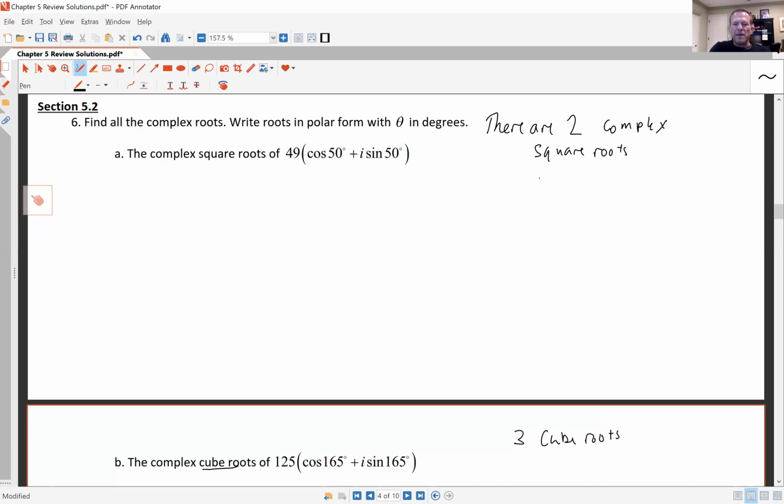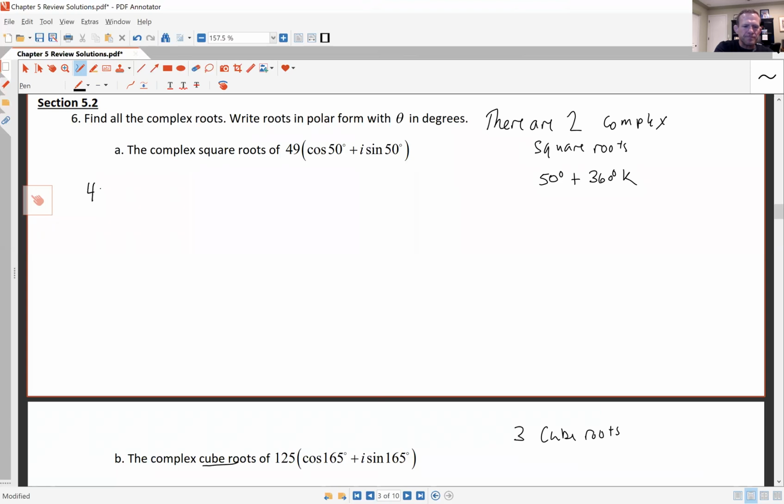So what we have to remember is that 50 degrees is virtually the same as 50 plus 360 degrees. So we're going to replace that 50 degrees with 50 plus 360k.